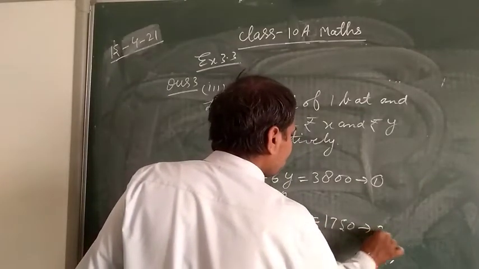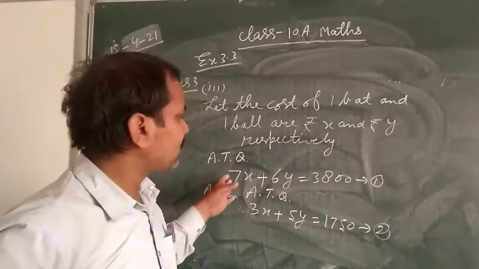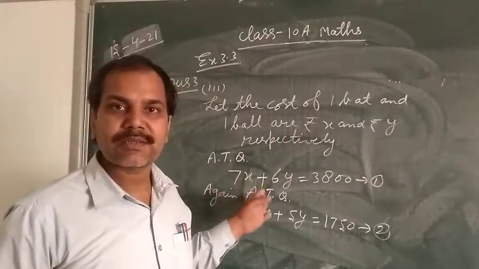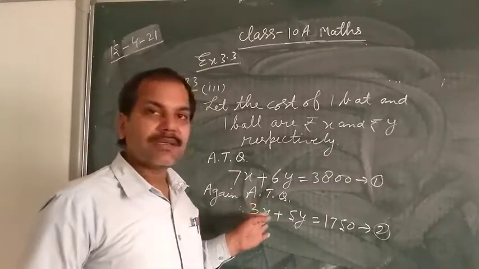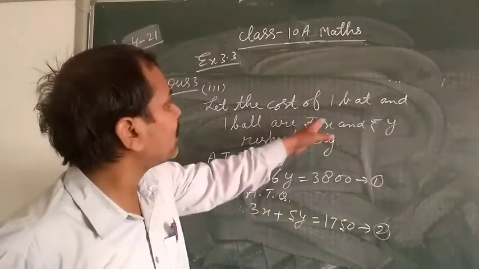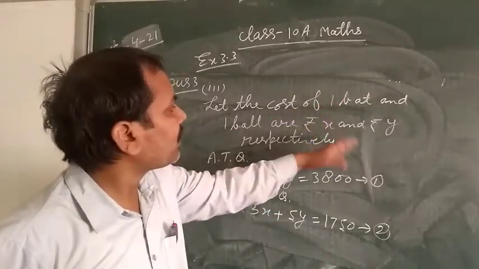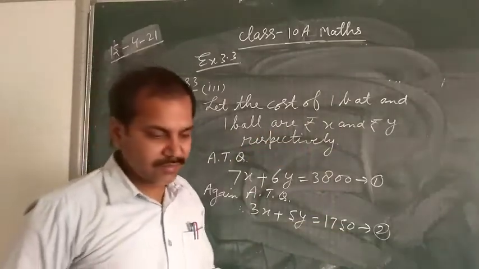This is equation 2. Now by the substitution method you solve these two equations and find the values of x and y, which are the cost of one bat and one ball. That will be the answer.